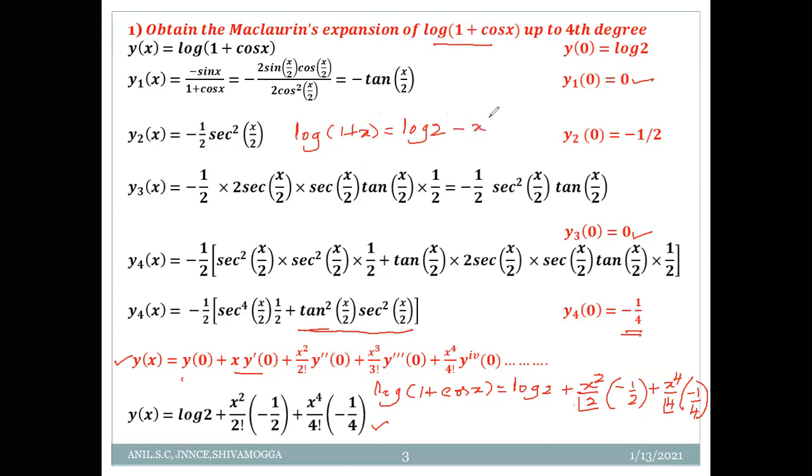That is minus x square divided by 4. Plus into minus, minus. X power 4 divided by 4 factorial is 24. 24 into 4 is 96. You can write like this. It is not compulsory. You can leave at this stage only. No problem. If you want, you can write like this. This is the Maclaurin's expansion.